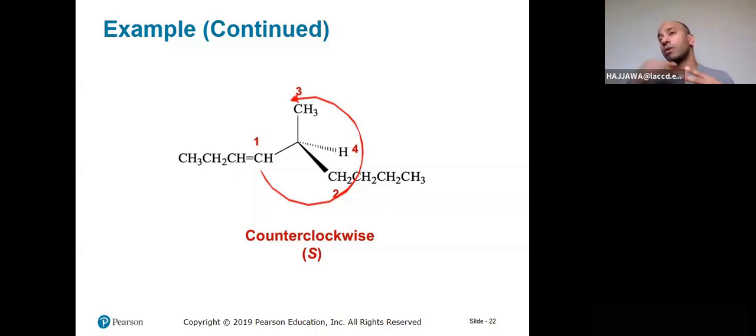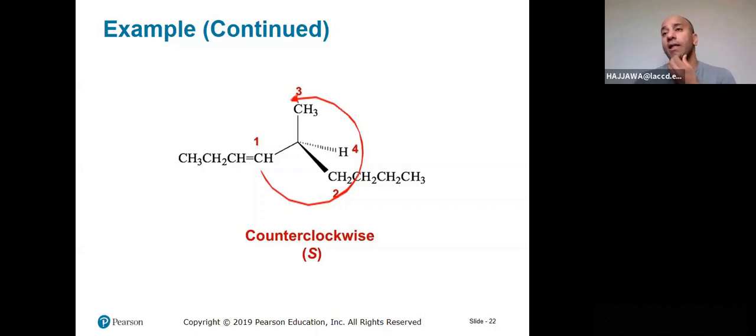The third scenario, which is the first scenario of an S configuration: groups assigned 1, 2, 3, 4 counterclockwise, fourth group pointing away. The second scenario of an S configuration would be when you have groups 1, 2, 3, 4 assigned clockwise, but the fourth group is towards me. These are the possibilities for R and S when you deal with a 3D configuration.